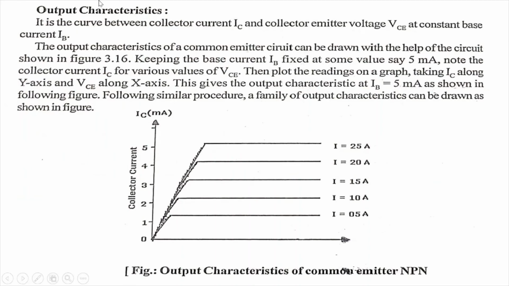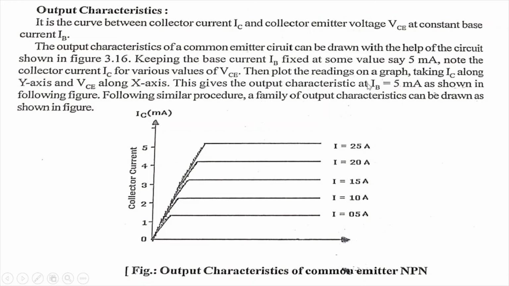Output characteristic. It is the curve between the collector current IC and collector emitter voltage VCE at constant base current IB. The output characteristic of a common emitter circuit can be drawn with the help of the circuit. Now, keeping the base current IB fixed at some value, say 5 milliampere, note the collector current IC for various values of VCE.